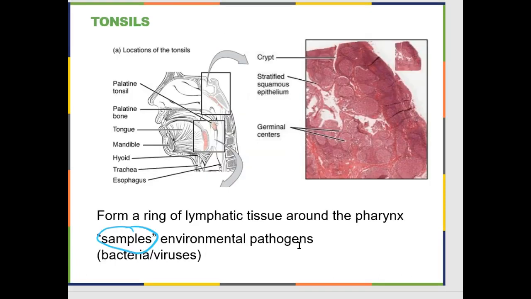Then tonsils. These, as it says right here, are found in your pharynx. That is just the back of your throat. So pharynx is anywhere that air and food or air and water might mix, right? It's everything above where your windpipe and your food pipe diverge.